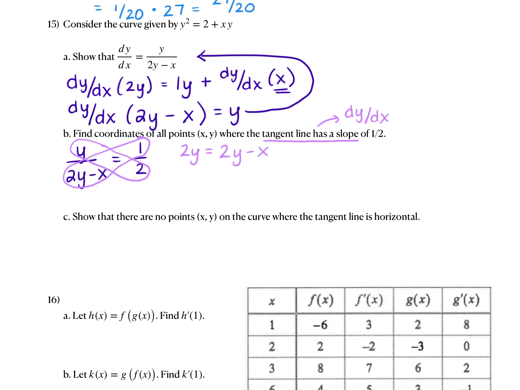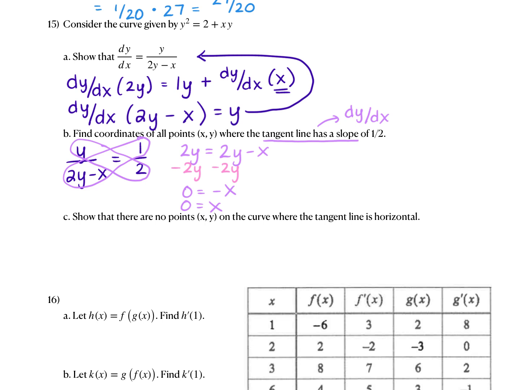And what I hope you'll see now is those 2 y's on either side that I can cancel. So what I really have now is 0 equals negative x, which is the same thing as just saying x has to be 0. Okay, so that's great.